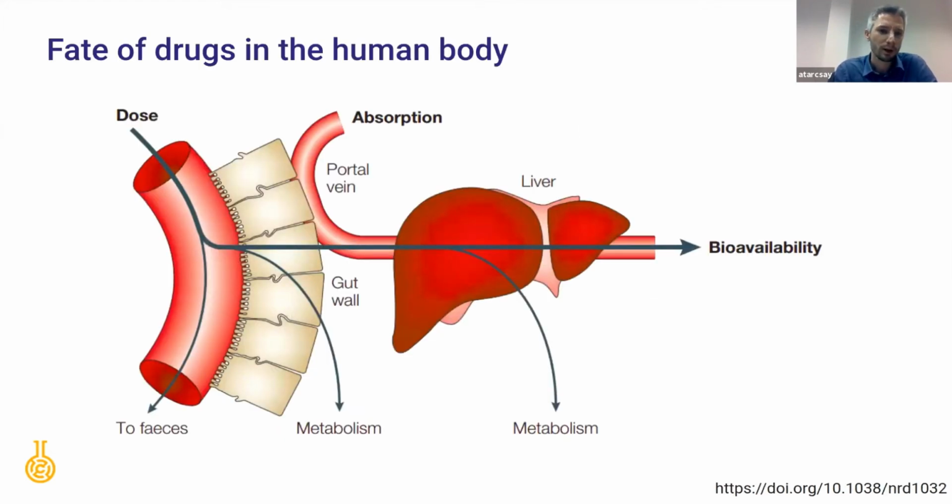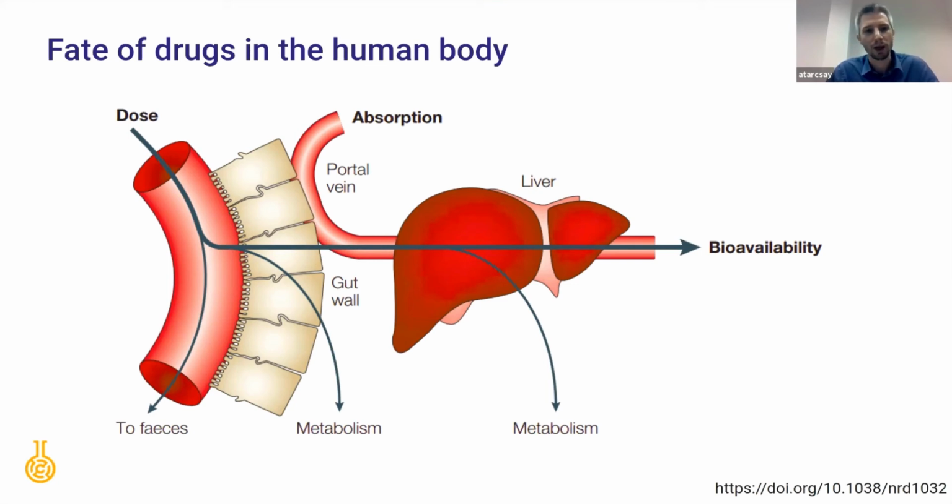And the human body is complex. It has high complexity. When a drug is taken orally, then it will be in the system where it needs to dissolve to be able to be in the fluid environment.